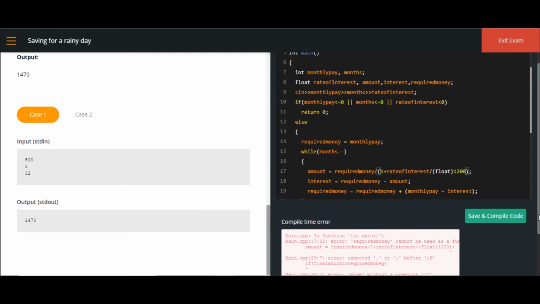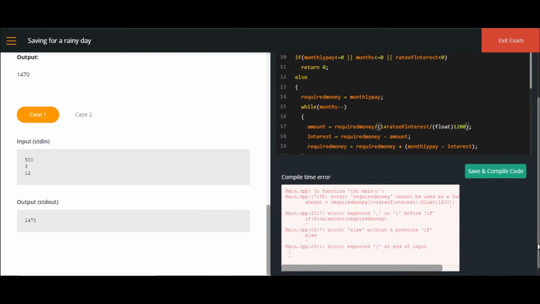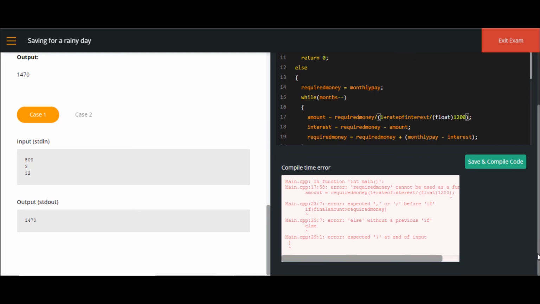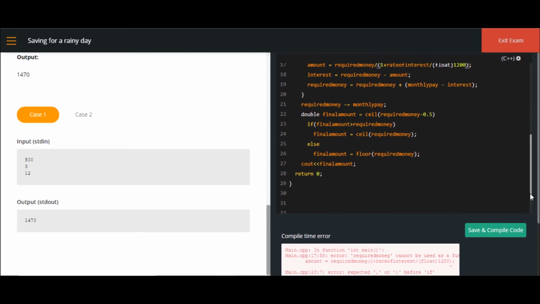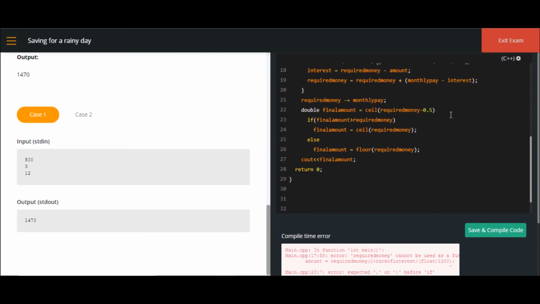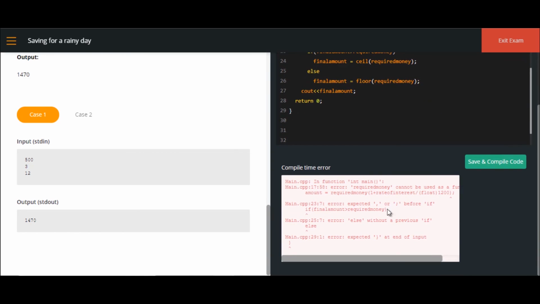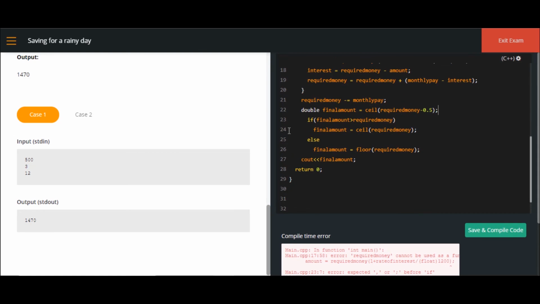So we'll check if there is any other error. The line 23 and then in line 25. Okay, here we missed the semicolon in line 23 before if condition, right? So before if condition, you have this. So we missed a semicolon over here. I guess that's it. Now let's again try to save and compile.